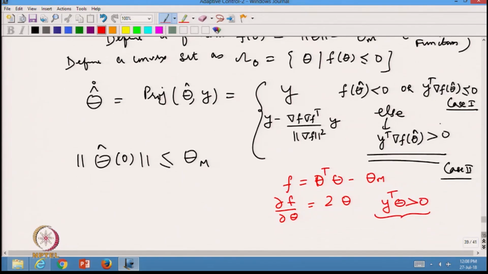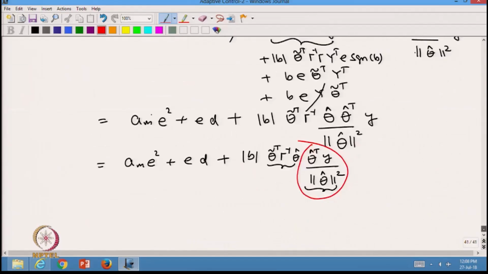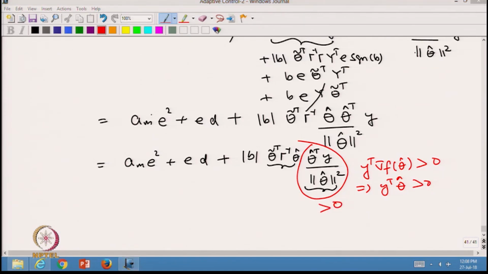Okay. So we use this information here. So here this case is y transpose gradient of f of theta hat being greater than 0, which translates to y transpose theta hat being greater than 0. So this term is in fact greater than 0.